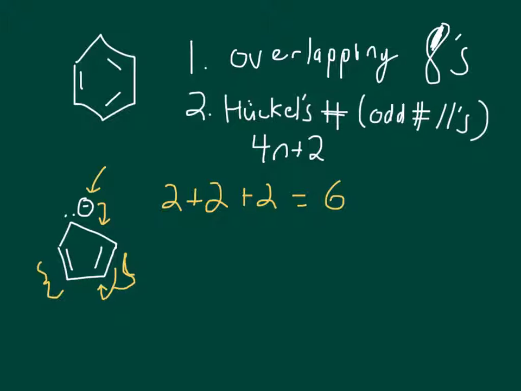And another way of looking at this, I said before, you'd view this as an odd number of double bonds, or you can also say an odd number of double bonds plus lone pairs. Thus, this compound would be aromatic.